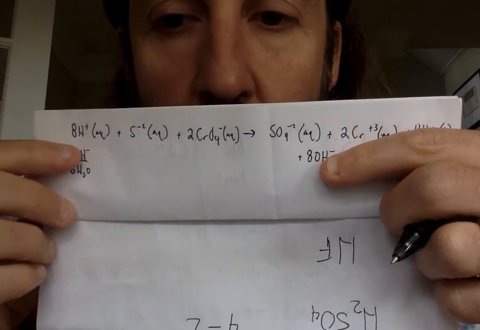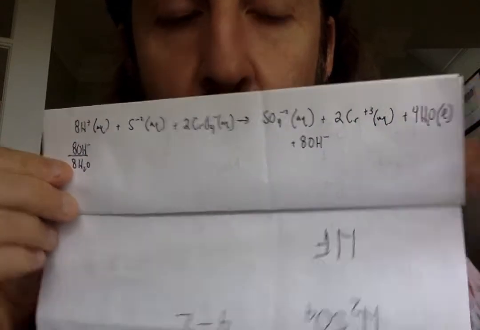And that makes that water, 8 water, and now I got 4 water over here. So that water cancels out. I got 4 water left over.